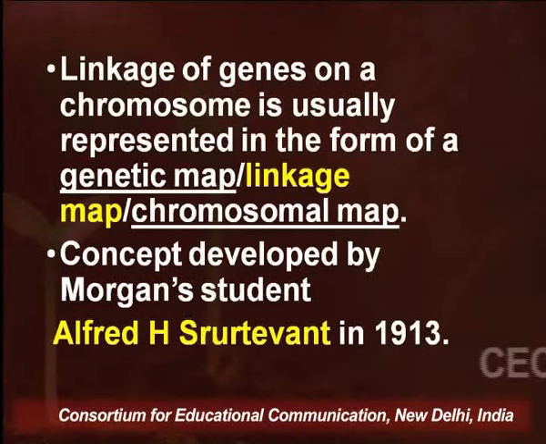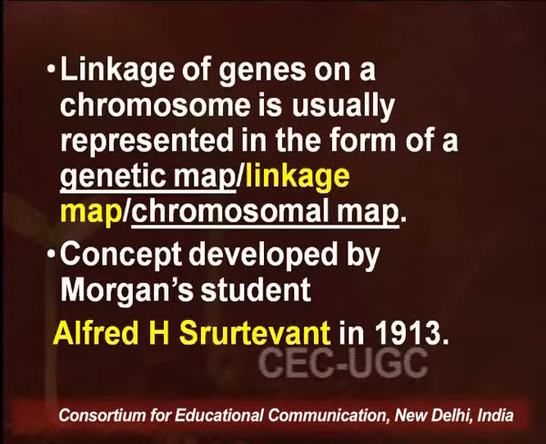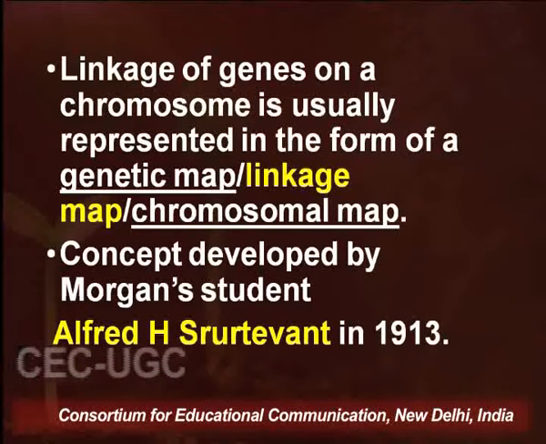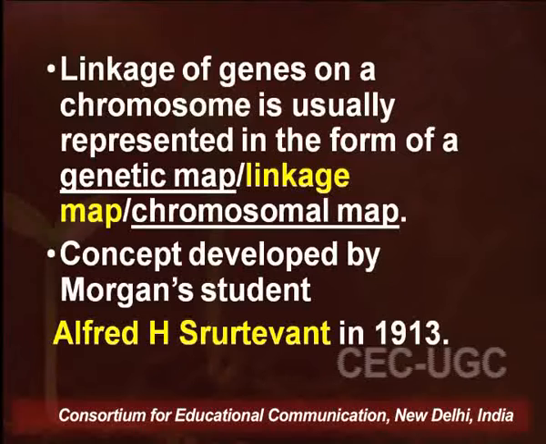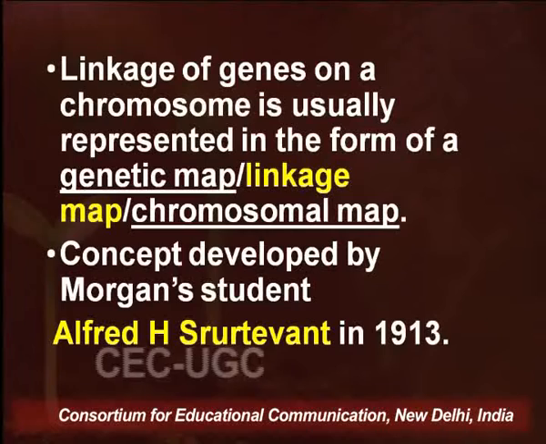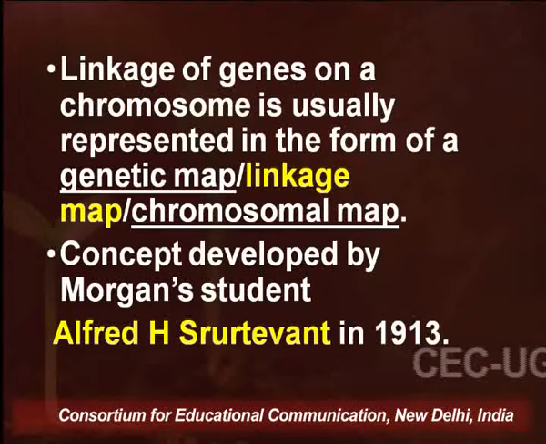So how do we now use this recombination frequency to our advantage to quantify or to construct a map? We usually represent this linkage of genes in the form of a genetic map or a linkage map, as I said before, or a chromosomal map. This was developed by Alfred H. Sturtevant in 1913.